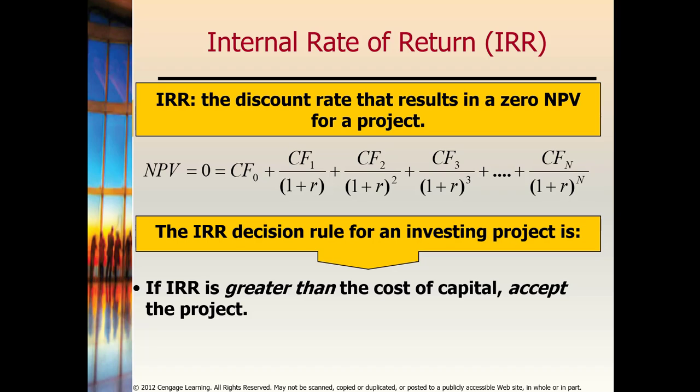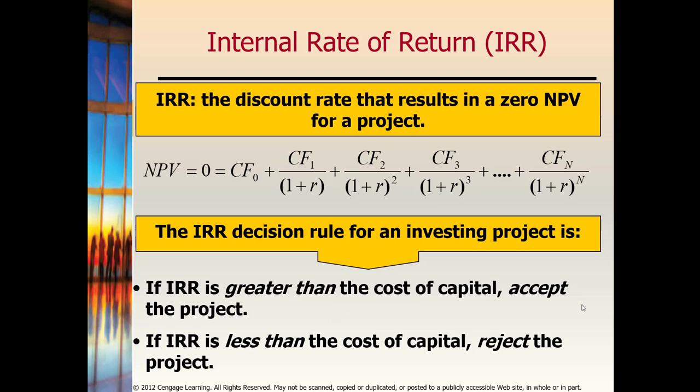For example, if a company borrows money from the bank to invest in this project, and the borrowing cost is 7%, and after you calculate the IRR from this formula you find out IRR is 10%, then the 10% is greater than the 7%, so you should accept this project. If IRR is less than the cost of capital, then you should reject this project.